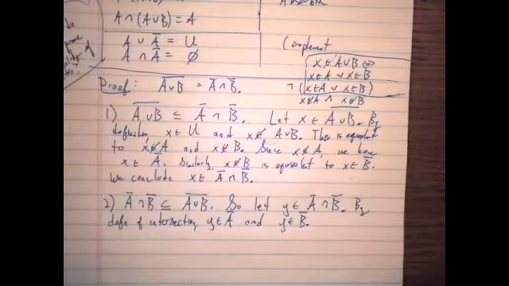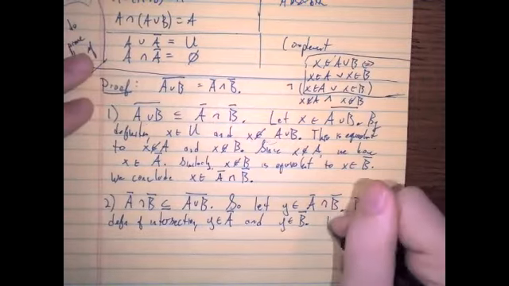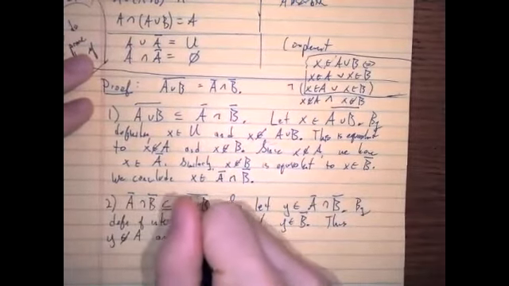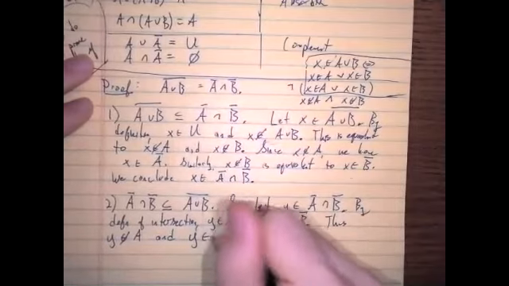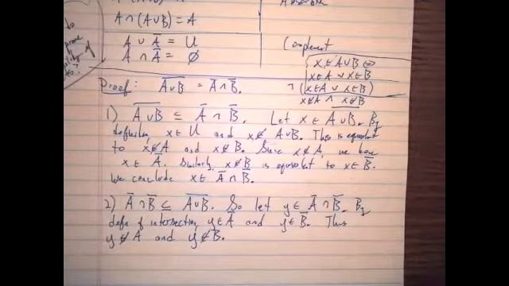And what does it mean for Y to be inside A bar? That's right. Thus, Y is not in A and Y is not in B. Okay, what should my next step be?